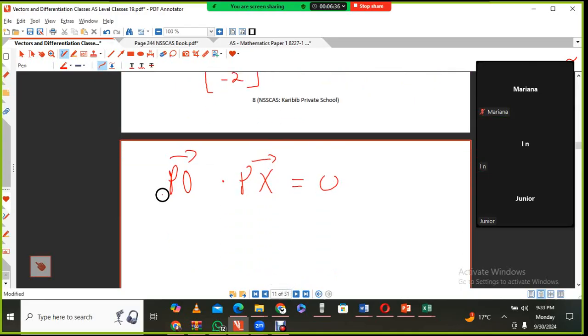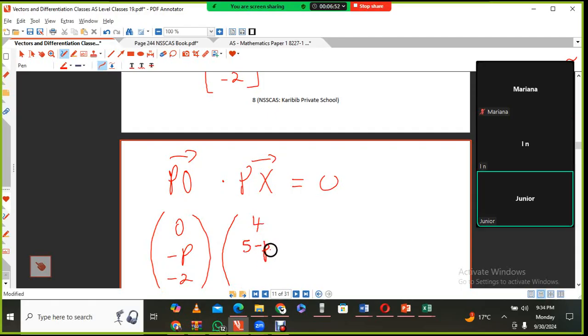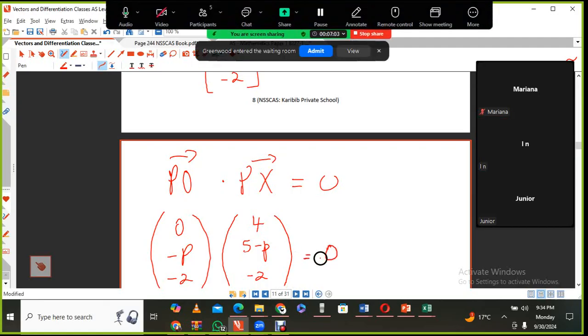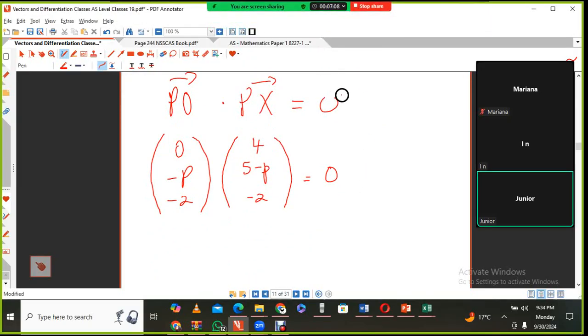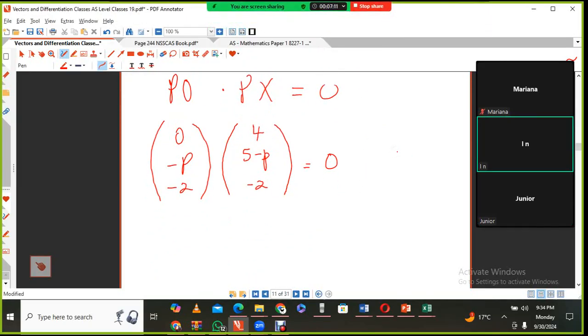So you said PO was 0, minus P, minus 2. It should be multiplied with PX, which we had 4, then we have 5 minus P, and then we had negative 2. You agree? Okay. So we should multiply them to give us obviously 0. 0 times 4 is 0.